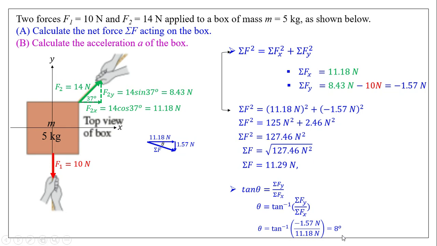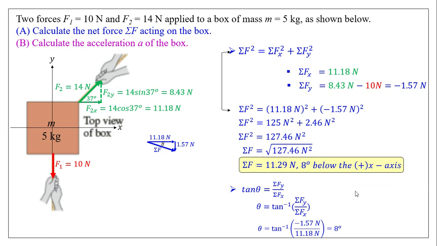And then we punch that in our calculator, we should get 8 degrees. So this is 8 degrees in the fourth quadrant. So the proper way to answer it would be 11.29 newtons, 8 degrees below the positive x-axis, or you can say 8 degrees southeast if you choose. Okay, so that's the answer to part A.